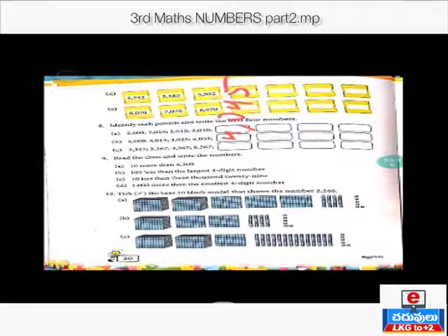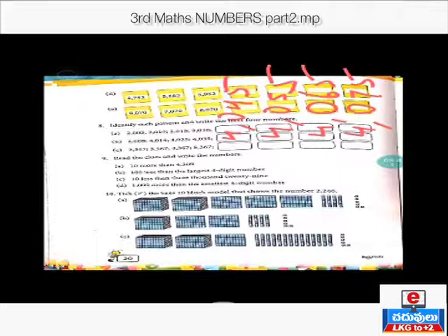Similarly we get 4055. Get the next number, 4065. Next number, 4075.